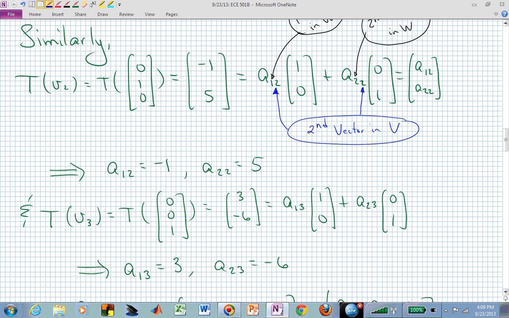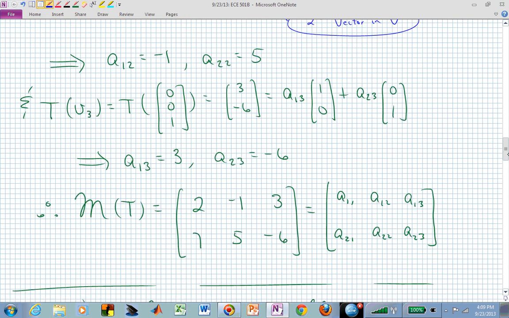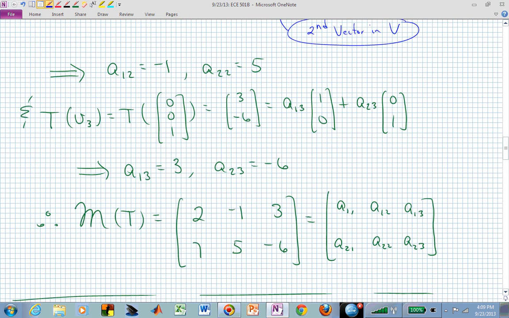That's what your second trial vector is mapped into. In this case, it's minus 1, 5, the values of y in that parameterized expression for the linear map. And finally, with the third basis vector, V sub 3, we end up with A13 and A23 being 3 and minus 6 respectively.